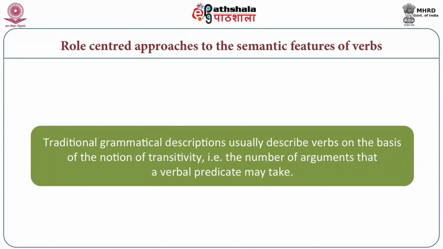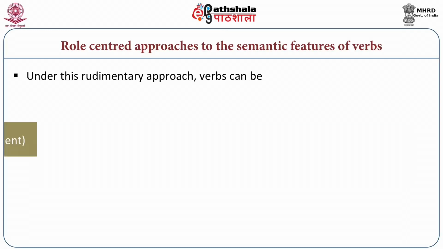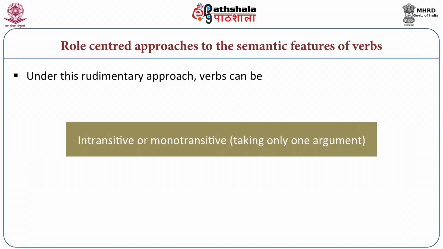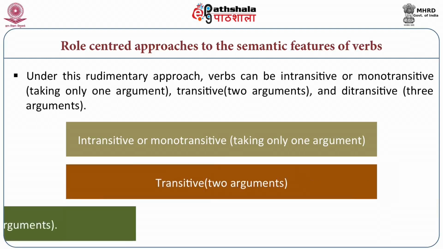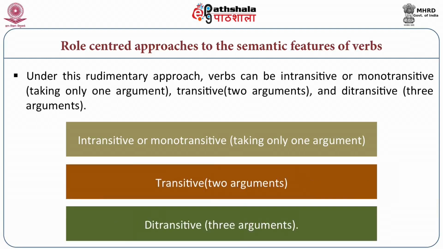Traditional grammatical descriptions usually describe verbs on the basis of the notion of transitivity, a number of arguments that a verbal predicate might take. Verbs can be intransitive or monotransitive, taking only one argument, transitive, 2 arguments, and ditransitive, 3 arguments.